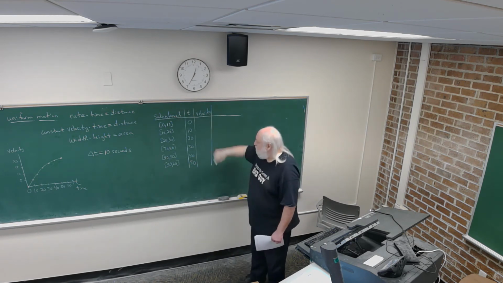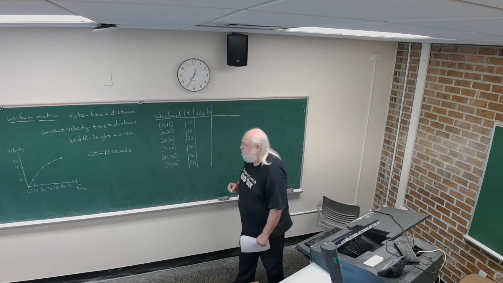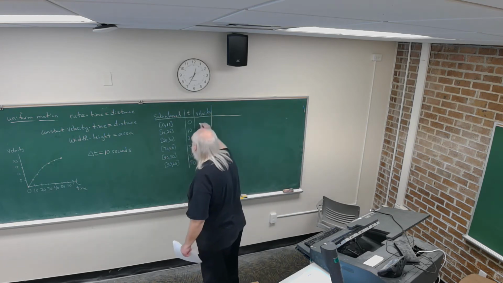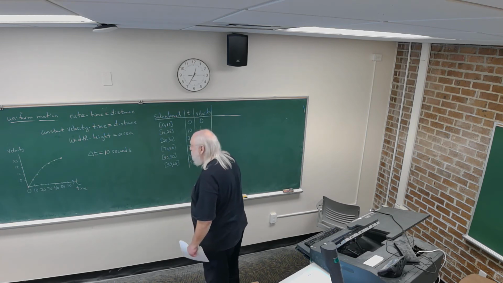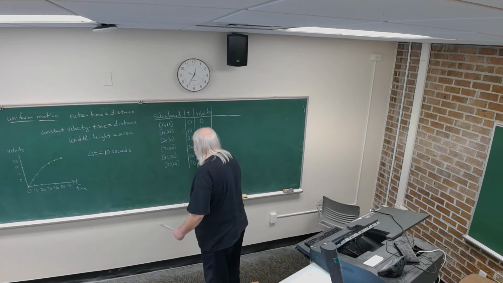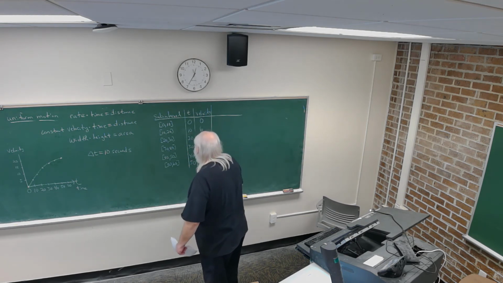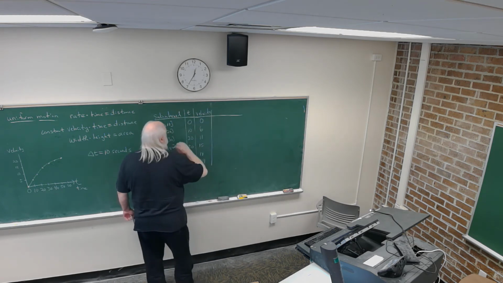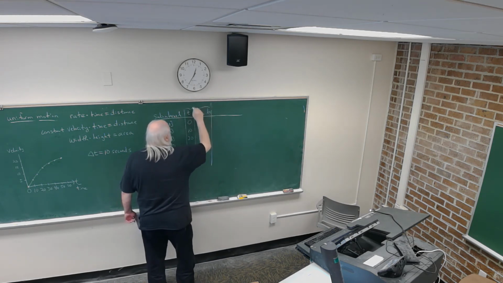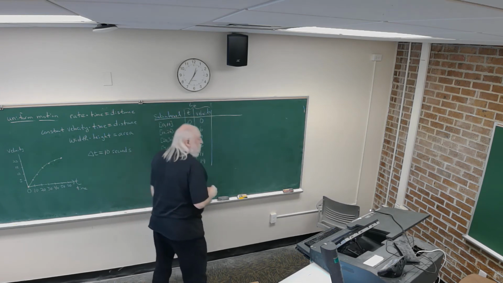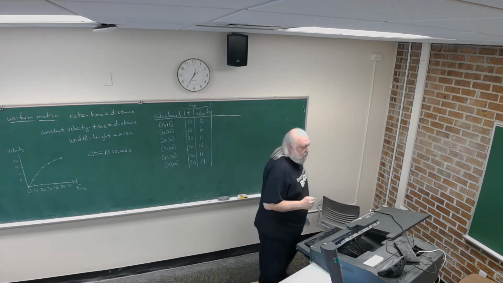Then we put the corresponding velocity at each of those times. So at t equals 0, velocity is 0. At t equals 10, velocity is 6. At t equals 20, it's 11. At t equals 30, 15. At t equals 40, 18. And at t equals 50, 19. So these are the times and the velocities, doing the left endpoint method with 6 rectangles.